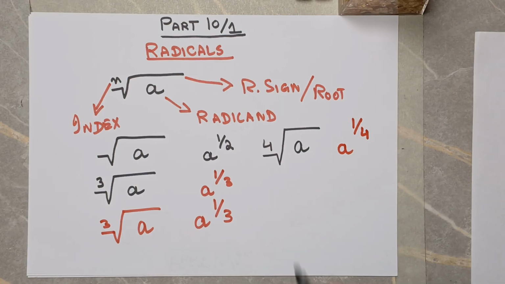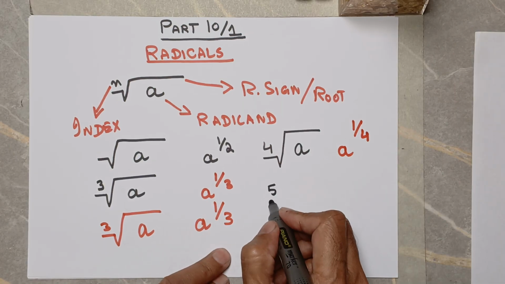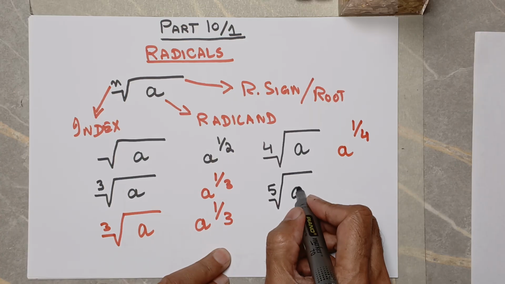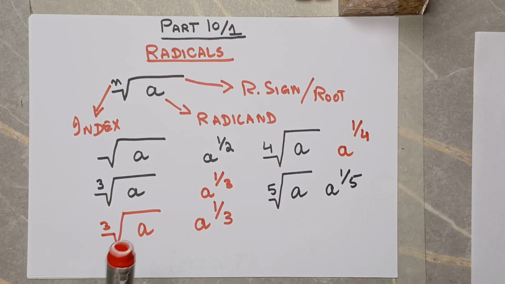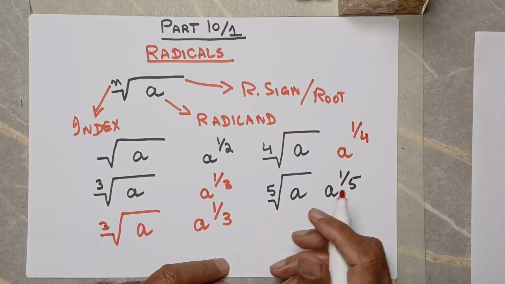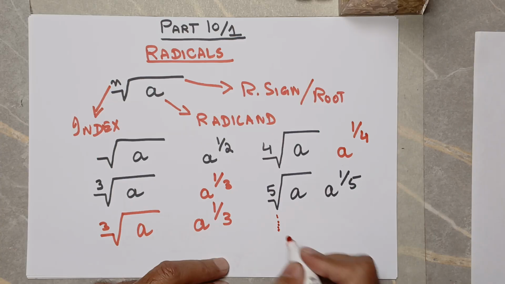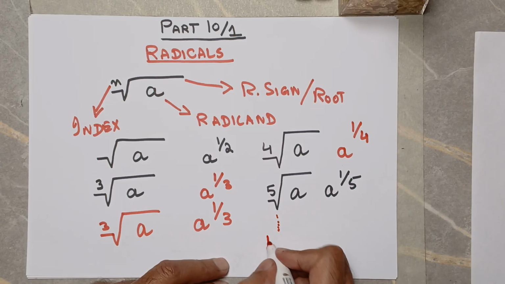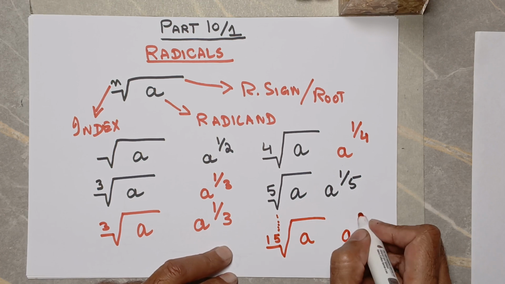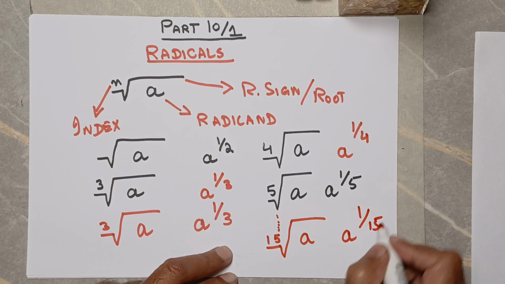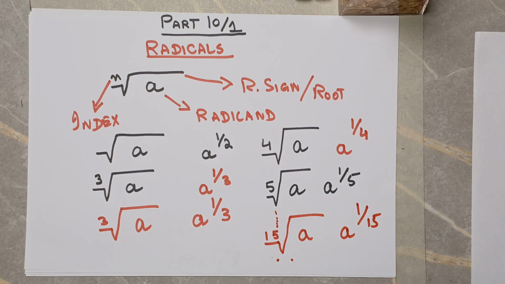And if you want to know the value of the fifth root, it is 1 by 5. And if you keep on going up to the 6th root, 10th root, whatever it could be, suppose you want to find the 15th root, then the value will be 1 by 15, and so on. I hope that you are understanding this.